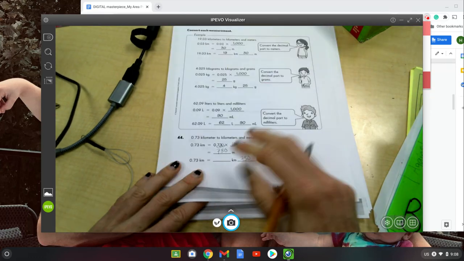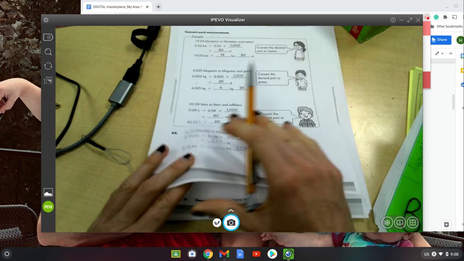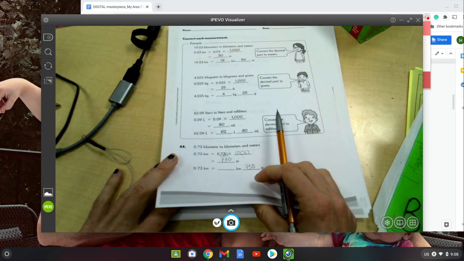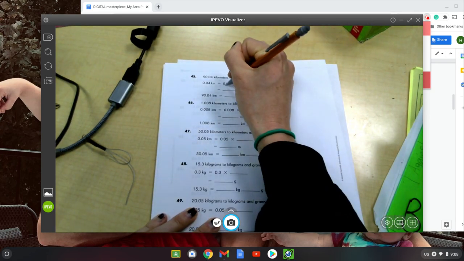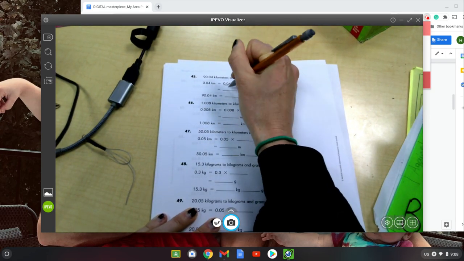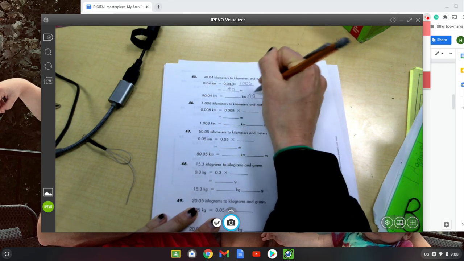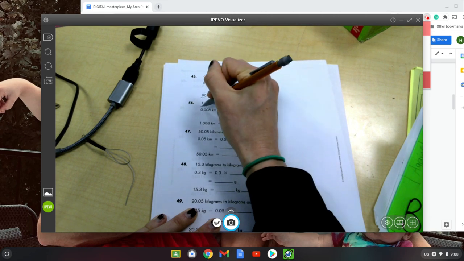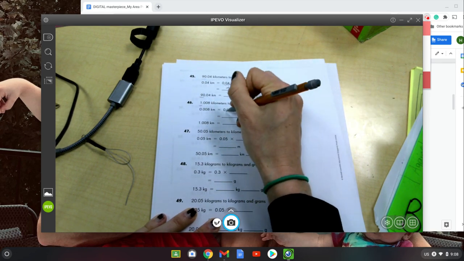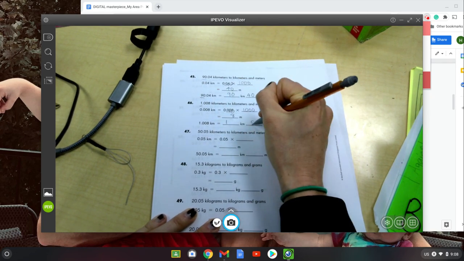No, I'm only multiplying kilometers to meters. Times 1,000, 1, 2, 3. Don't forget about this part, this part, this part. Times 1,000, 1, 2, 3, 8.